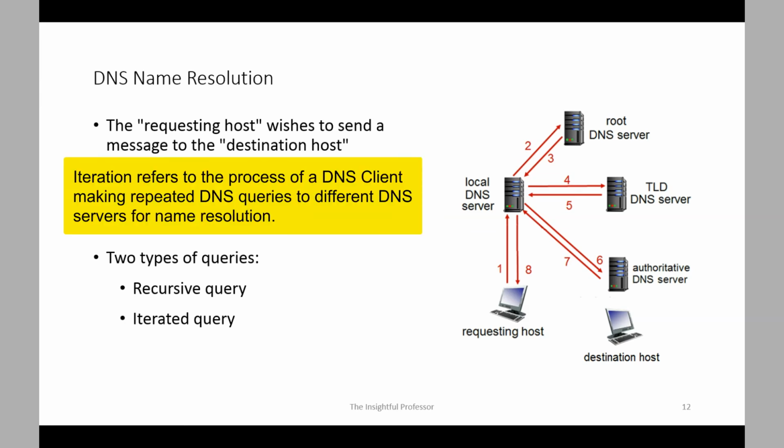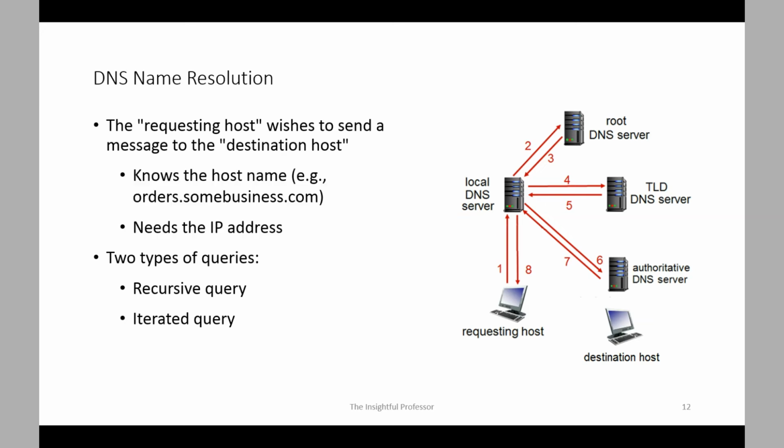Iteration refers to the process of a DNS client making repeated DNS queries to different DNS servers for the purpose of name resolution. So in an iterated query, the contacted server replies with the name of a server to contact, basically saying, well, I don't really know this, but here's somebody who you can go to get the answer you want.